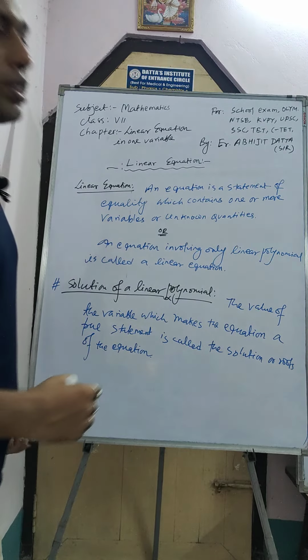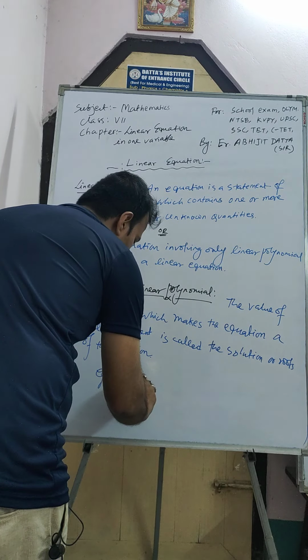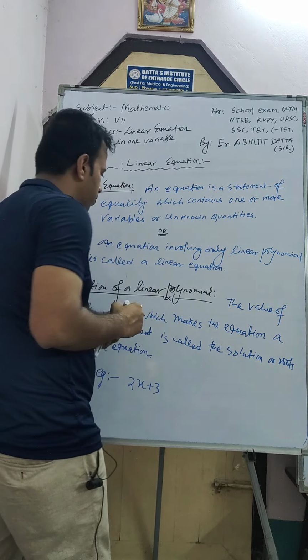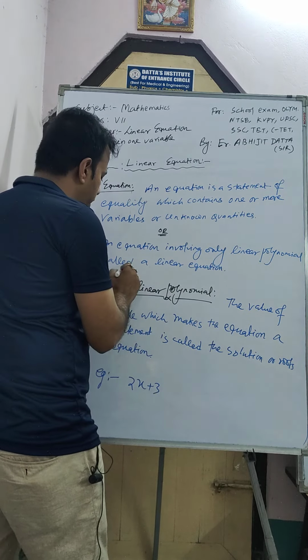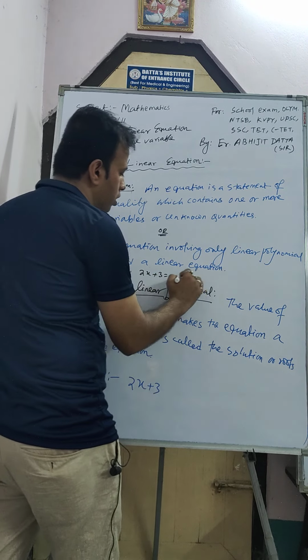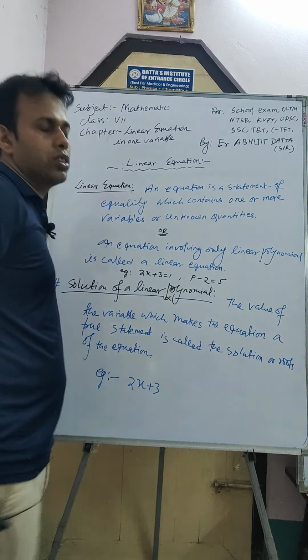So let's give some examples of equations. One example of an equation is 2x plus 3 equal to 1. Another is p minus 2 equal to 5. This one is another equation.